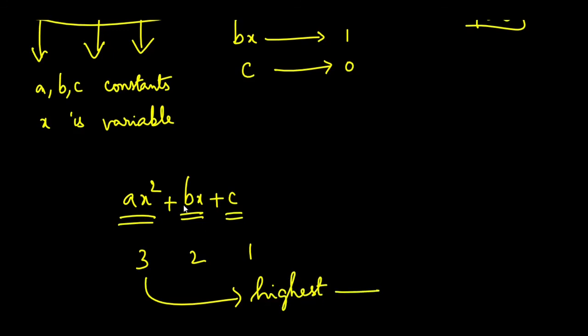So the degree of this algebraic expression becomes 3. But this is a general form of an algebraic expression. Here a, b, c are constants. Under such condition, the degree of this algebraic expression is 2.